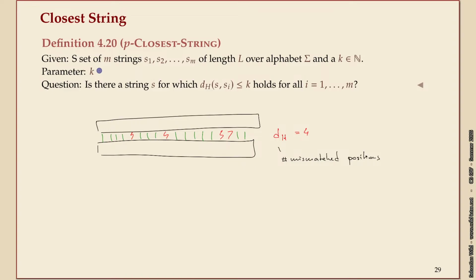So canonical parameterization. And the question is, can we find some string s so that the Hamming distance between s and each s_i is at most k? So simultaneously for all the strings. So you can think of it as some sort of consensus string that is not too far away from each of the given strings.